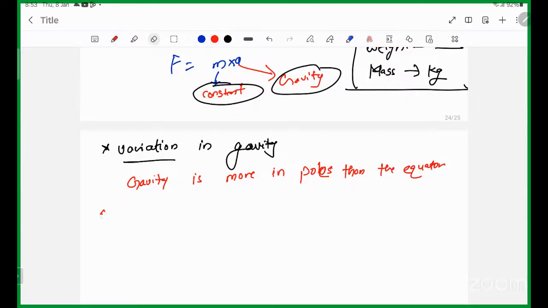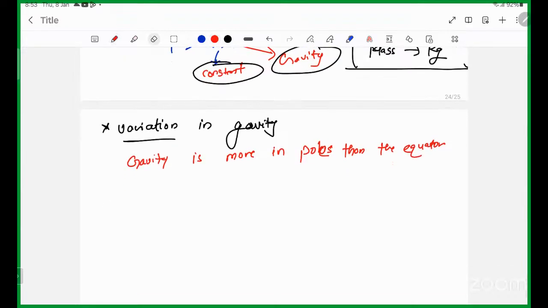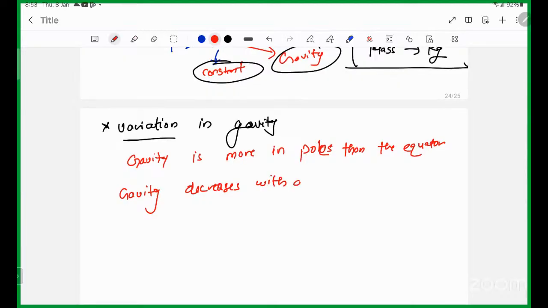Second, gravity decreases with altitude. Gravity on the moon is 1/6 of Earth.